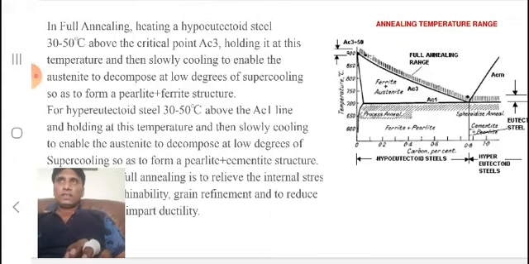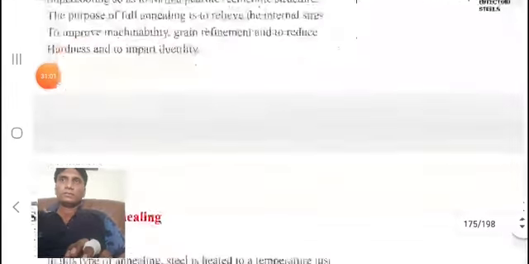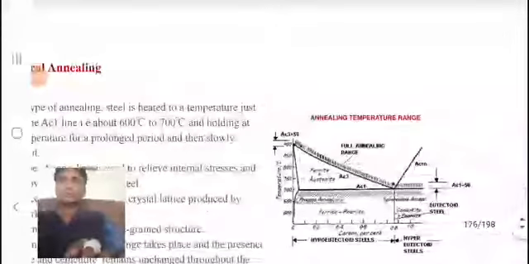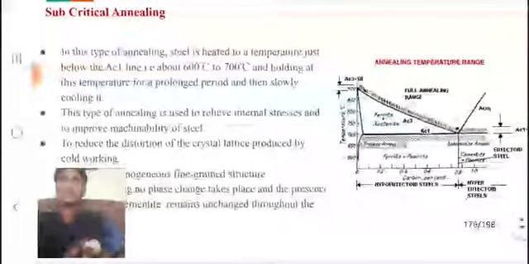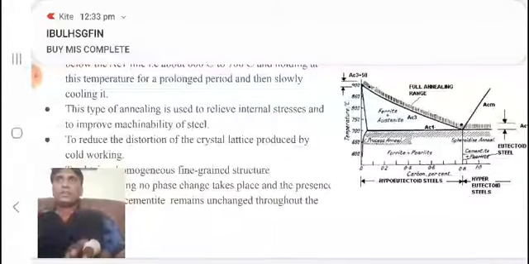And the next type of annealing is subcritical annealing.